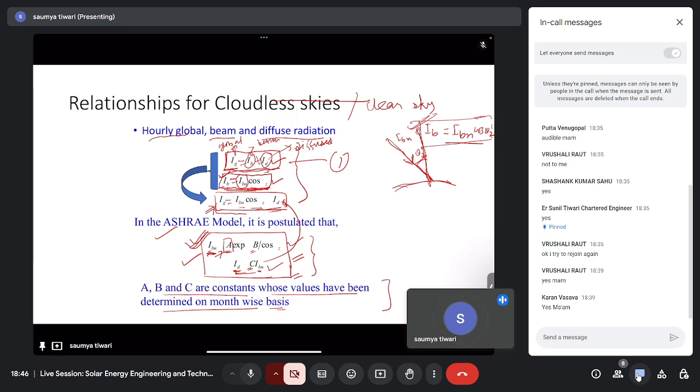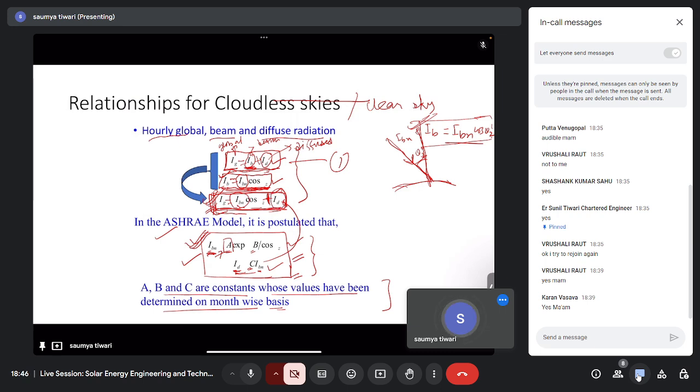Basically Ig can be written as IBN cos theta z plus Id, replacing Ib by IBN cos theta z. This is the formula that you need to remember. Now how to calculate this IBN and Id?